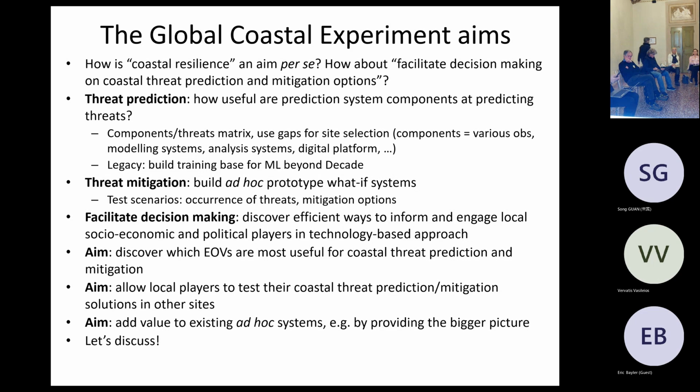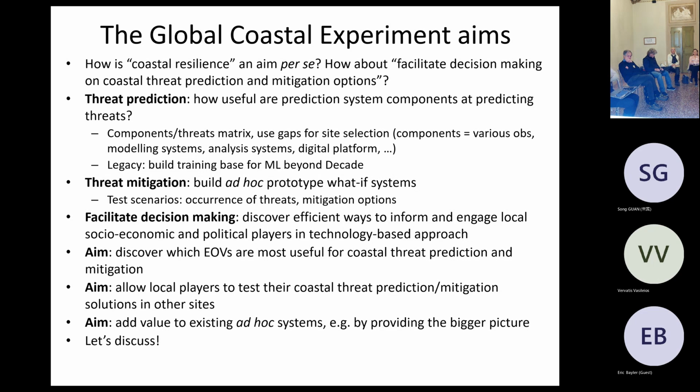There is a question of facilitating decision making. So that's the third element here. We could think of aiming at discovering efficient ways and also illustrating through this experiment efficient ways to inform and engage local socioeconomic and political players in an approach which is originally mostly technology-based. It's based on technology.